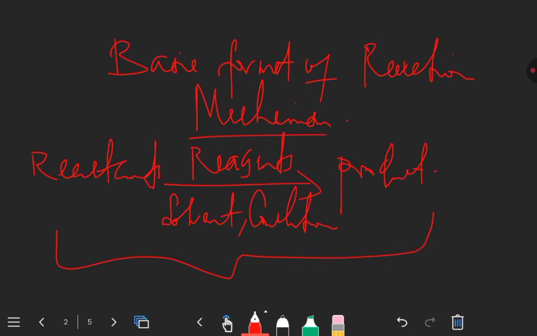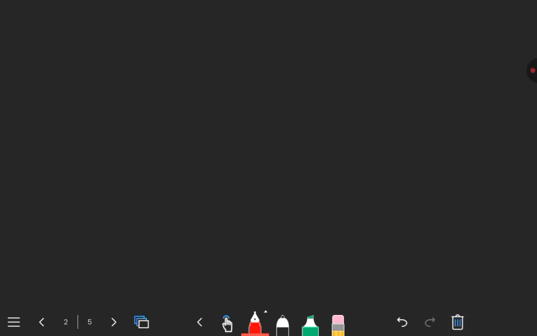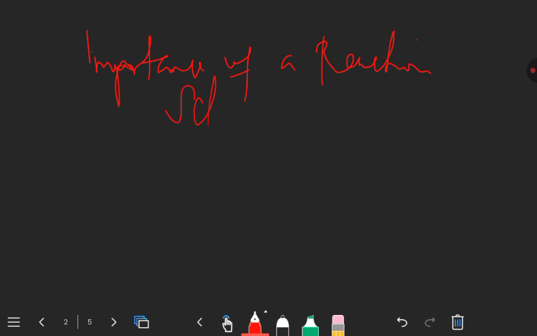So you might try to ask ourselves, why do we need to use these reaction mechanisms? So the importance of a reaction mechanism, or reaction scheme rather, sorry.